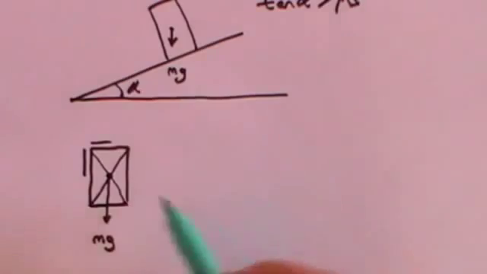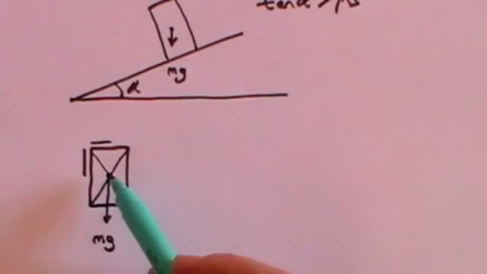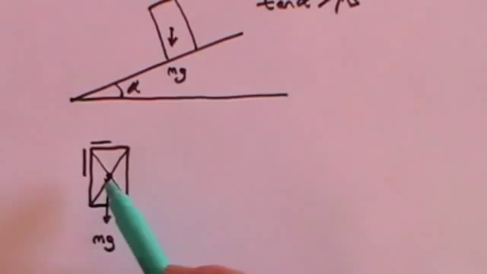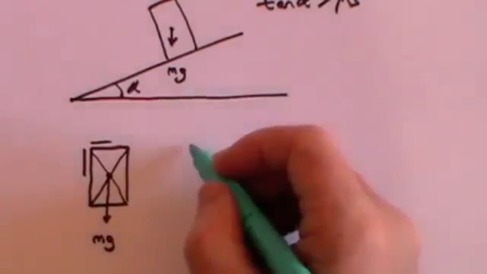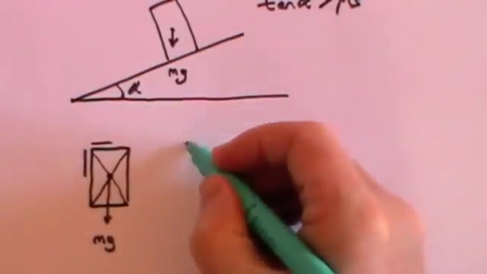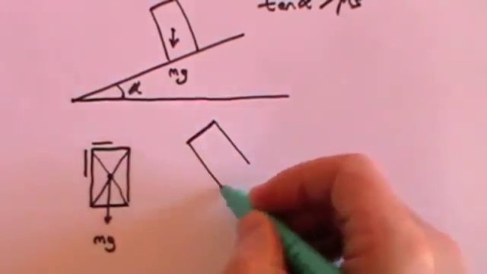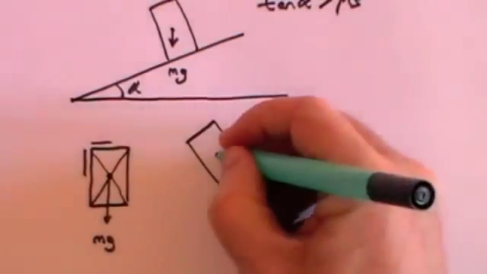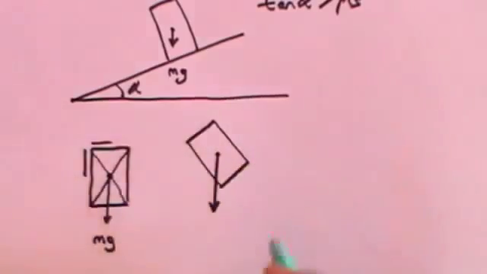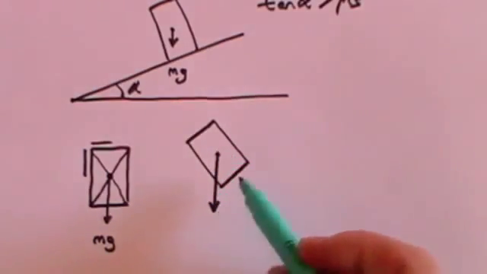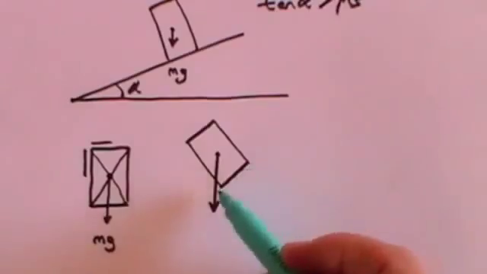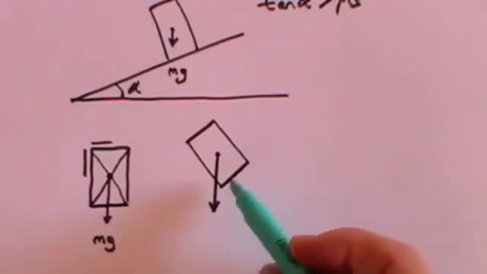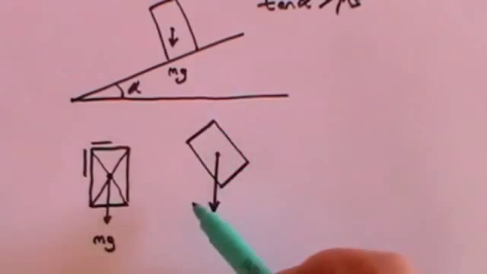Now here's the point. As long as the gravitational force acting from that centre of mass passes through the base, the block will not topple. But if you turn the block like this, and here's the centre of mass, now you'll notice that the vertical gravitational force falls just outside the base. And as soon as it does that, the block topples.